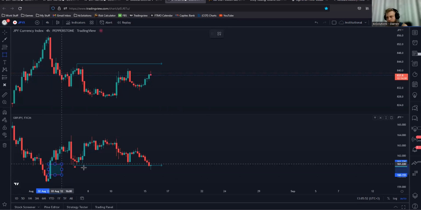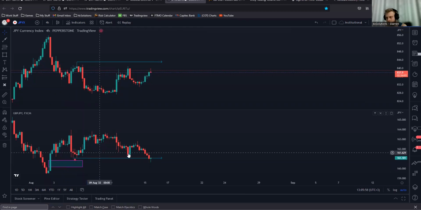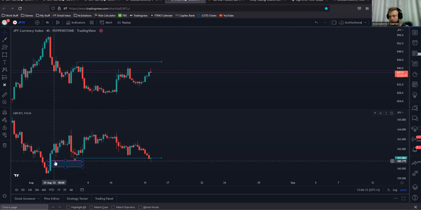So buying over here at the support level, something like that. When you buy over here and buy over here, it's sort of just engineering liquidity, because this is a void, and a void is referred to as gap risk. When you take a trade above a bullish liquidity void, there's gap risk there, because price would likely want to close that gap. That's what ICT calls it, gap risk.